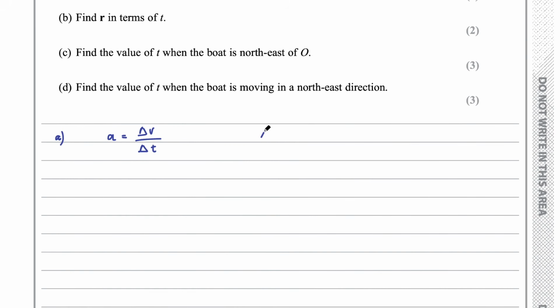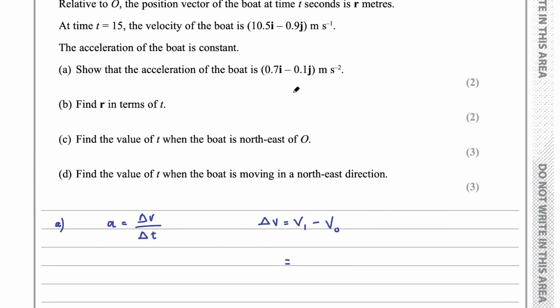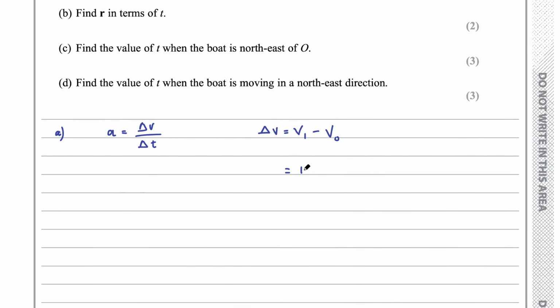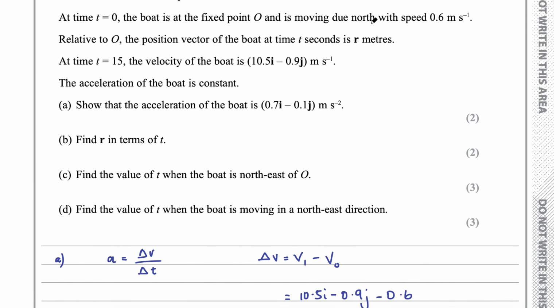And we know the change in velocity equals the second velocity, or v1, minus the original velocity, v0. So we know the velocity at t equals 15, 10.5 I minus 0.9 j. And we know the original speed was 0.6 meters per second due north.